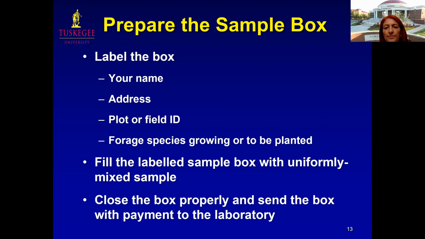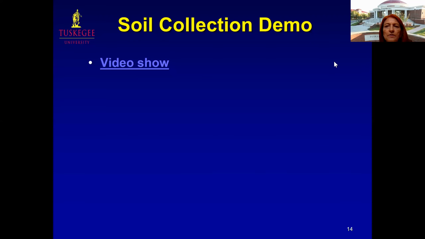Close the box properly and send the box to the soil lab with your proper payment. So let me share with you a brief video for how to collect soil samples and mix it and put in the box.